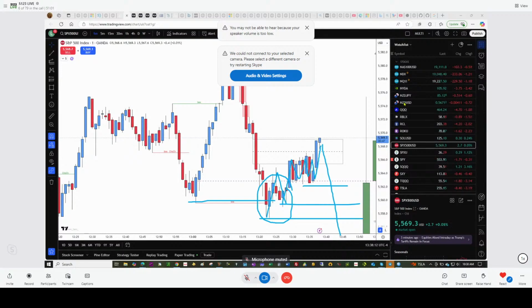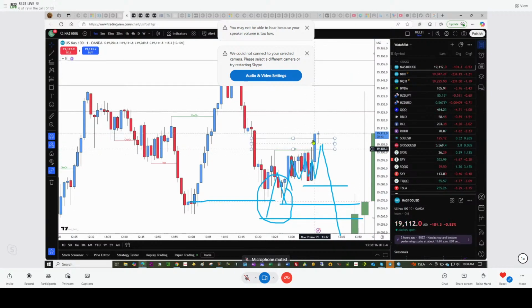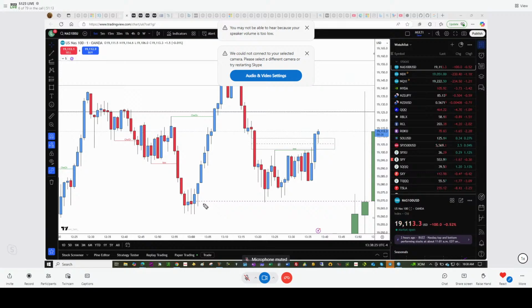The difference on the NAS, and you see they're pushing right up higher here, is that we didn't sweep that low, but they gave us a 1, 2, 3, but it's not quite like a 1, 2, 3 because it's so choppy right beside it. Whereas on the NASDAQ, this was higher and they chopped it.